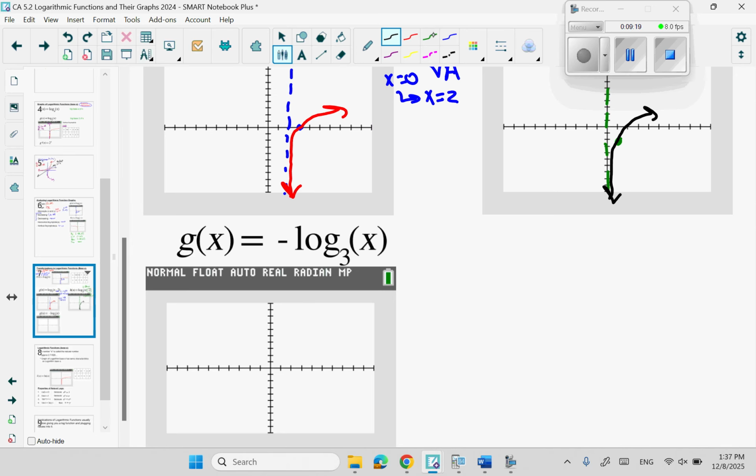Over here, we have an outside reflection, so this is going to be a reflection across the x-axis. So 1, 0 gets reflected across the x-axis. Well, 1, 0 is on the x-axis, so it's actually going to stay there. It's kind of nice. My asymptote also stays. But instead of it increasing and opening up, it's now going to decrease and head its way down.